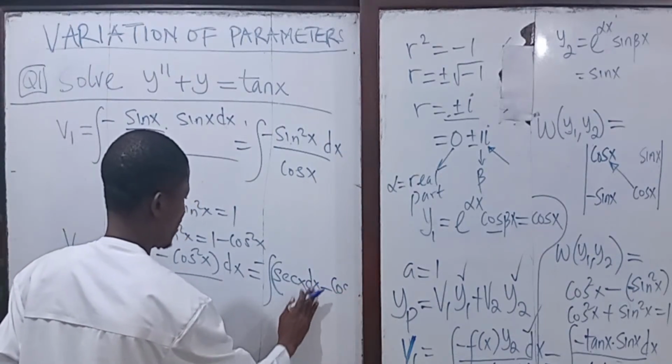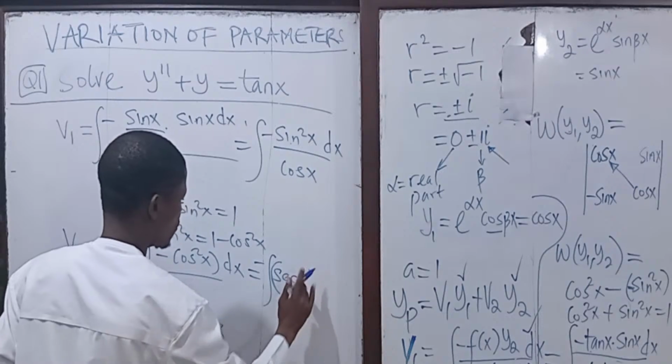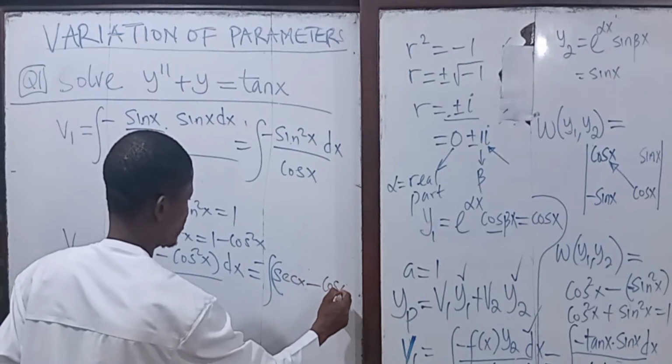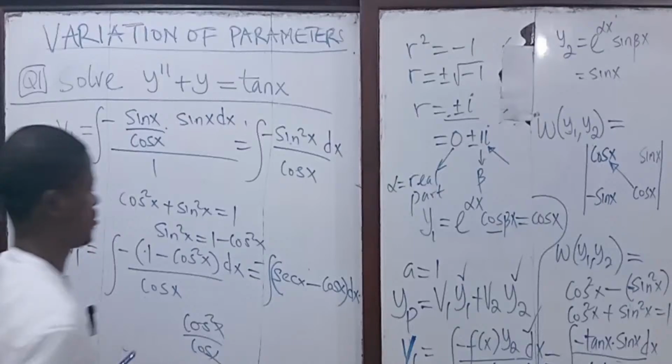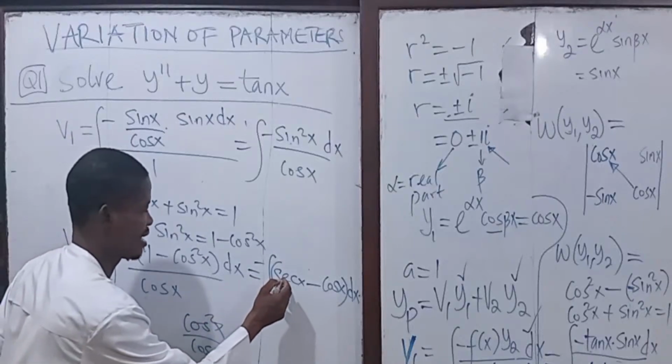Then you have minus cos x, close the brackets, dx. So that's what we are going to get in that case.